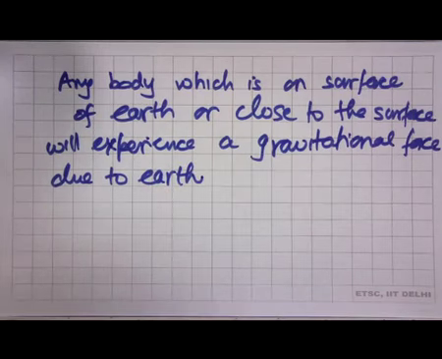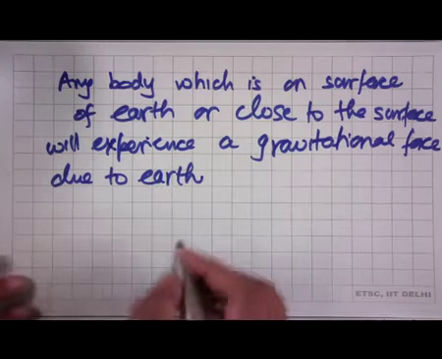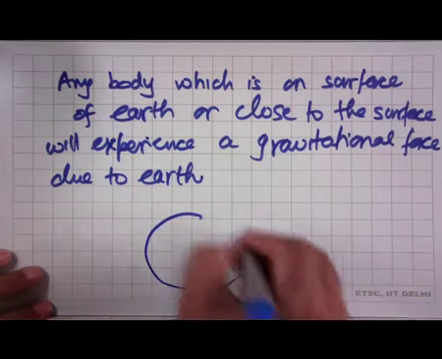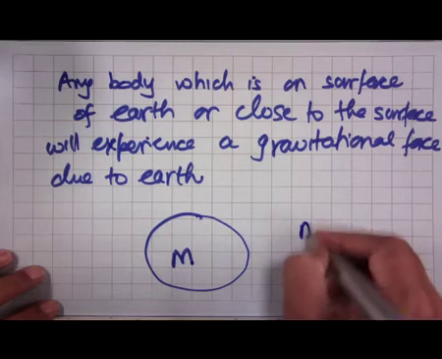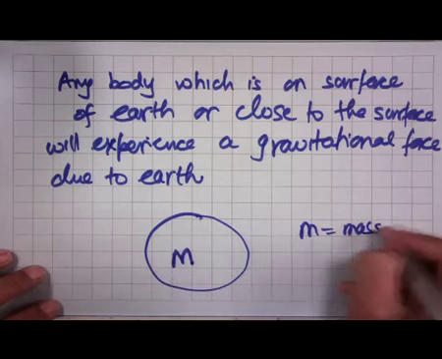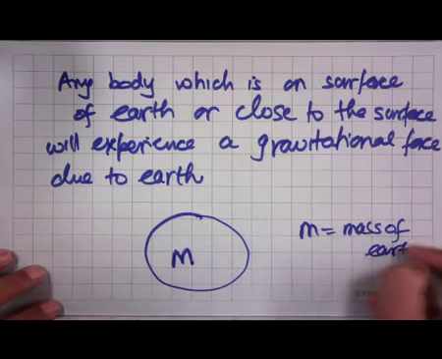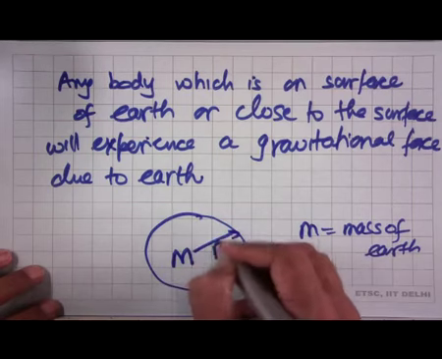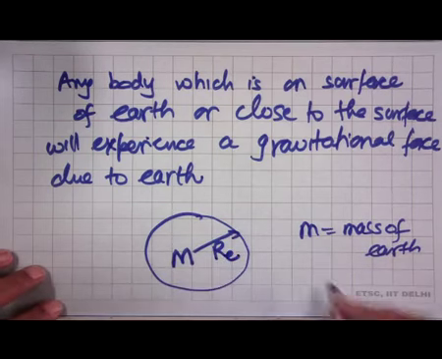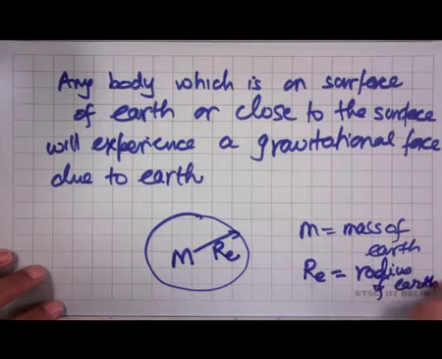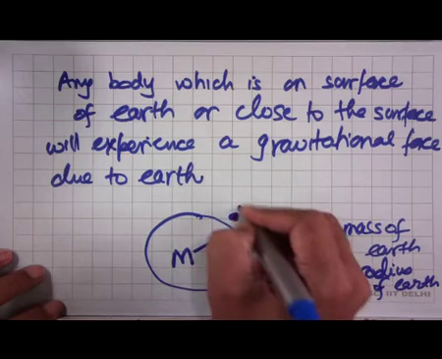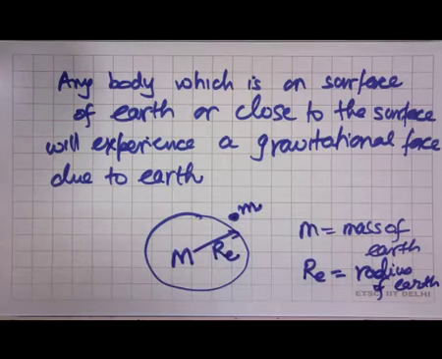due to earth. Now I am treating the earth as a sphere. Let capital M be the mass of earth, and r sub e the radius of earth, and we look at a mass m on the surface of the earth.